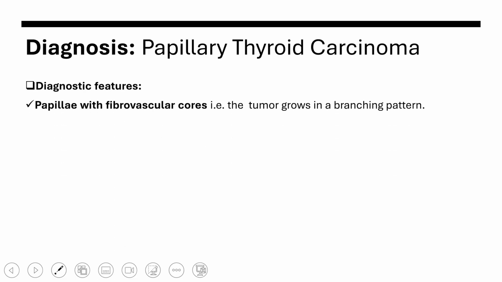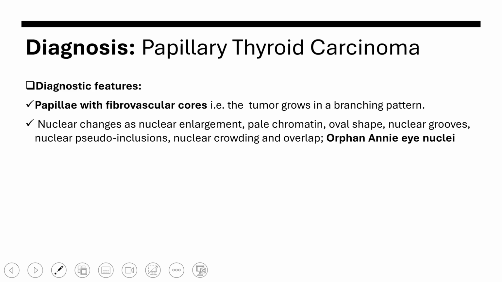And also there is the branching pattern of the papillae. Psammoma bodies are also present, and most important are the nuclear pseudo inclusions and Orphan Annie eye nuclei, which were appreciated in the microscopic structures earlier.